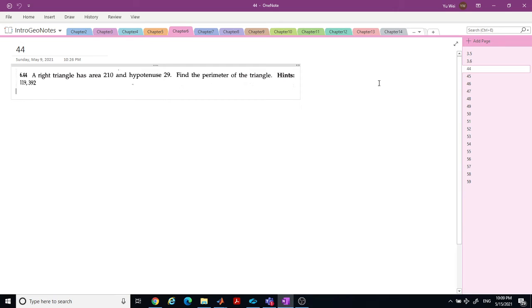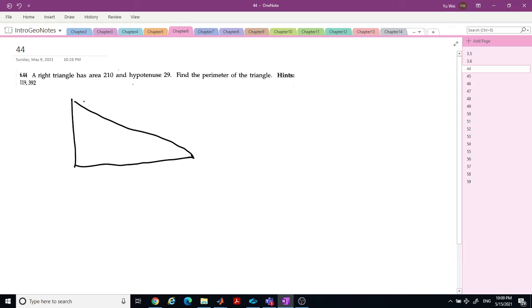Next, a right triangle has an area of 210 and a hypotenuse of 29. Find the perimeter. So we have a right triangle ABC with the right angle, the hypotenuse 29, and the area.